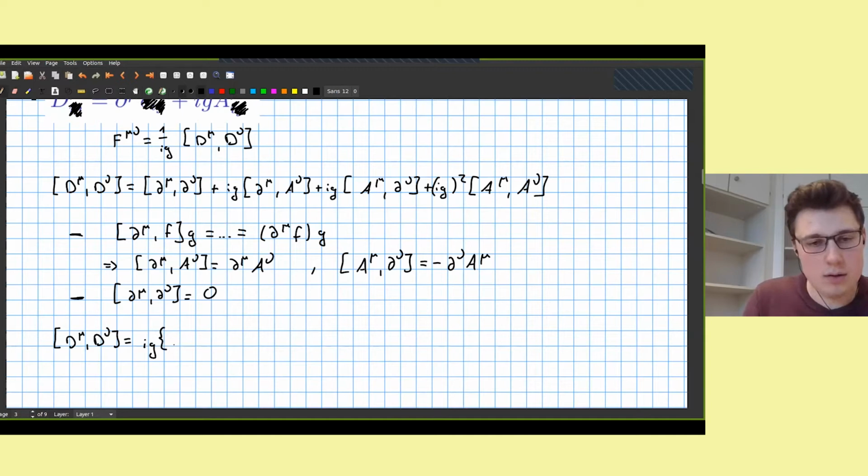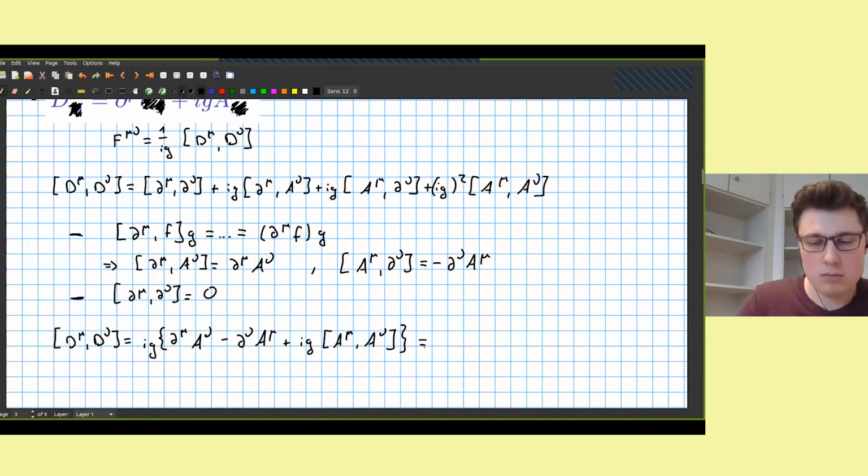We factor out one factor of ig because we find it in all three terms here. The second term is ∂_μ A_ν. The third term is minus ∂_ν A_μ. And we haven't talked about the fourth term, so this simply stays as it is. This is an ig commutator of A_μ and A_ν.